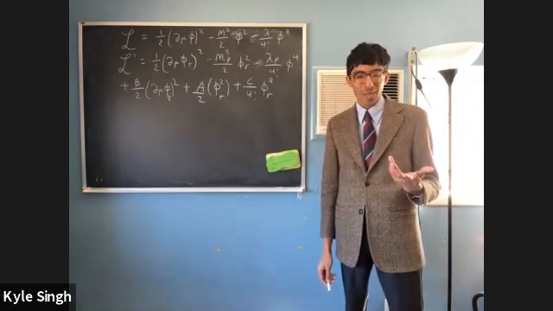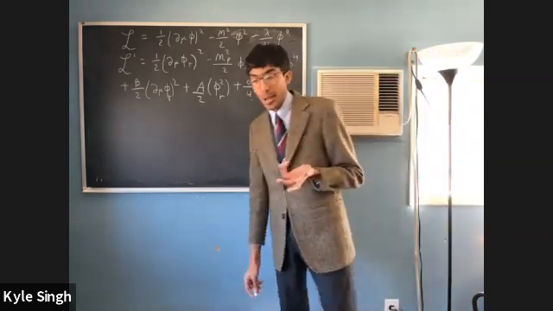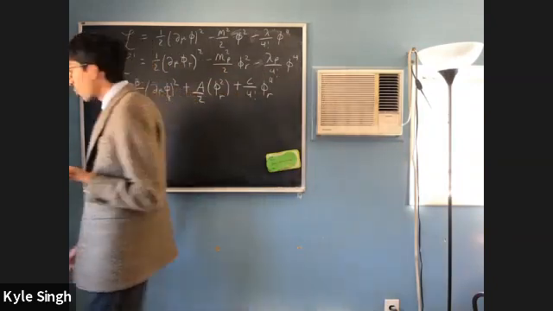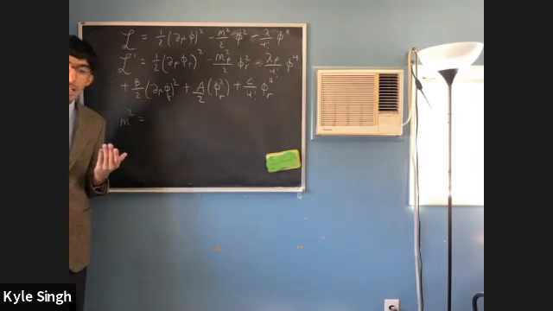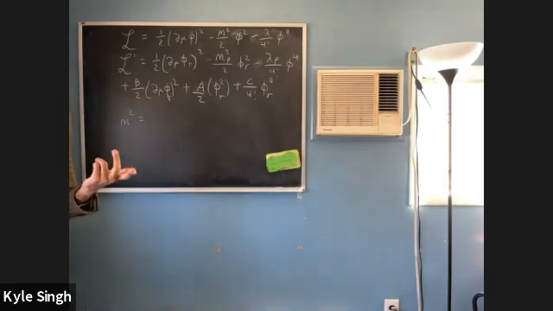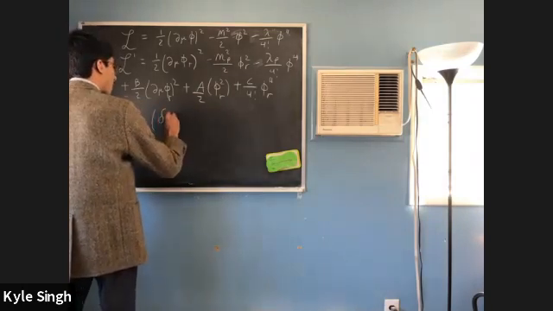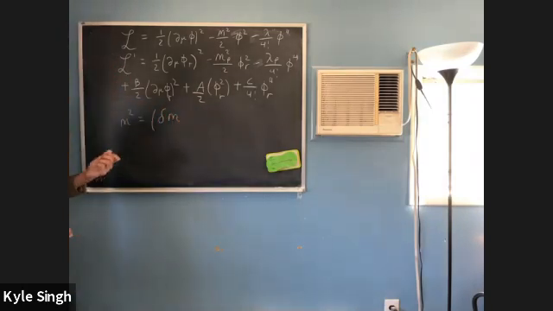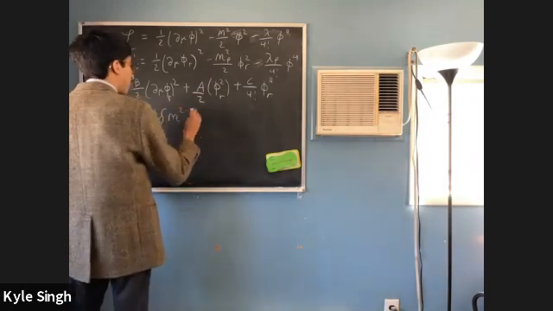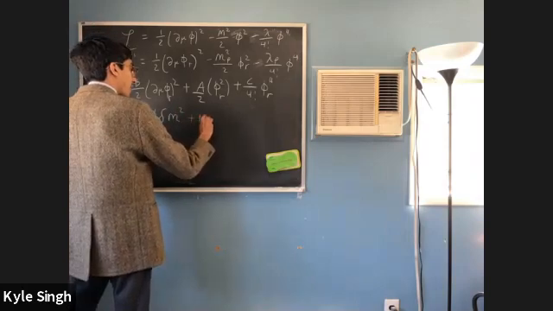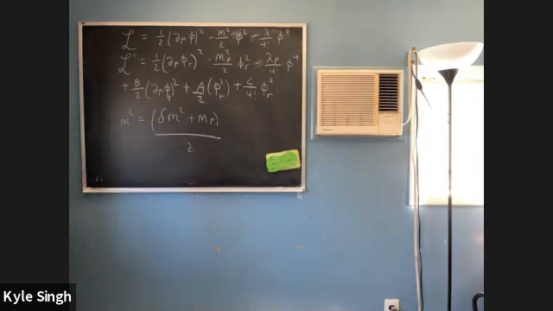You should be able to do that. And you find that basically all you need to do is shift the parameters. Okay, so I'm just going to write down the final shifts in the mass and the coupling. So m squared equals some delta m, that's just some shift in the original parameter, plus the physical mass over 2. You can look this up and compute it.